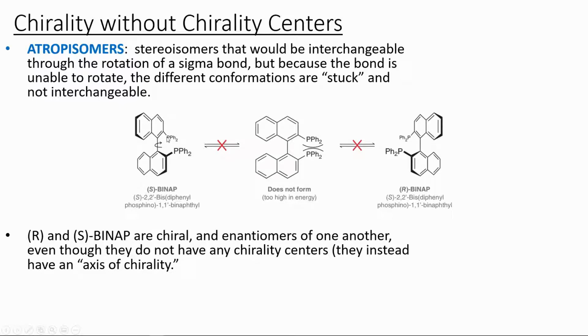However, these phosphorus atoms have two phenyls attached, which are extremely bulky groups, and that prevents free rotation through sterics. So based on which conformation the molecule is locked in, we're either going to have R-BINAP or S-BINAP.